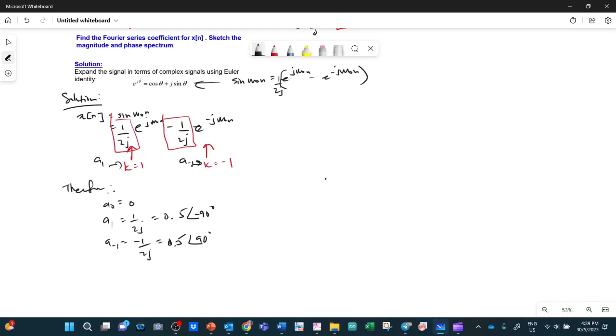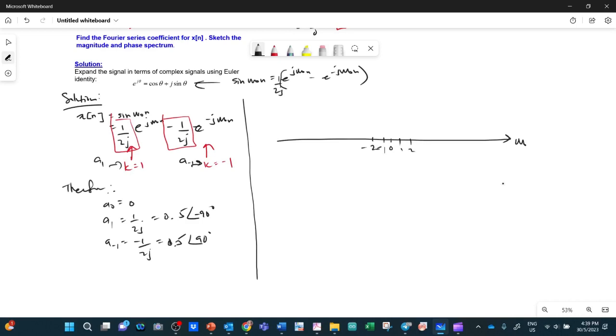Now you can plot it. Draw out the axis: 0, 1, minus 1, minus 2, 2.